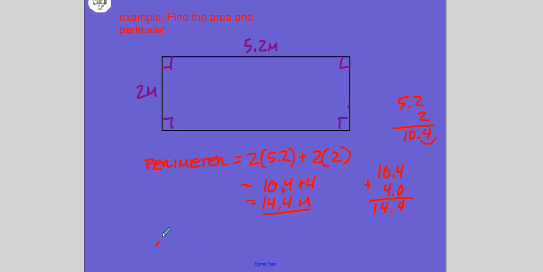Okay, then the area is how much space is in this. That's going to be base times height, so that's 5.2 meters times 2 meters. Okay, so we've actually done that over here already. 5.2 times 2, that's going to be 10.4, but it's going to be 10.4 square meters.